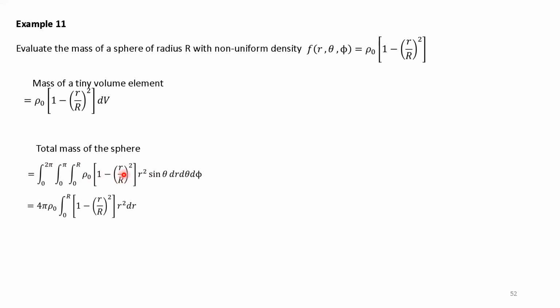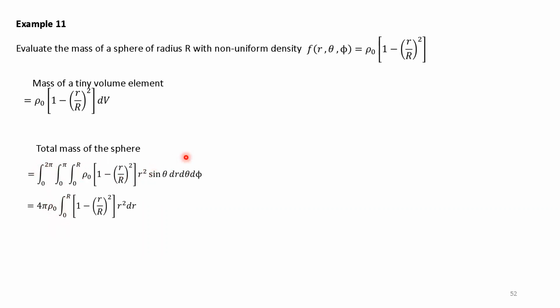Again, this is quite easy to do, because first of all, this integrand does not depend on phi at all, so the integral over phi will just give me a factor of 2 pi.